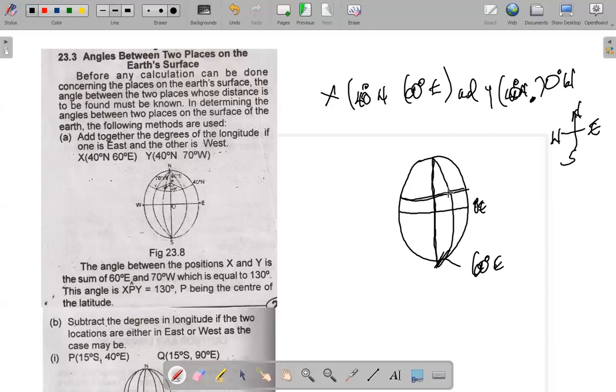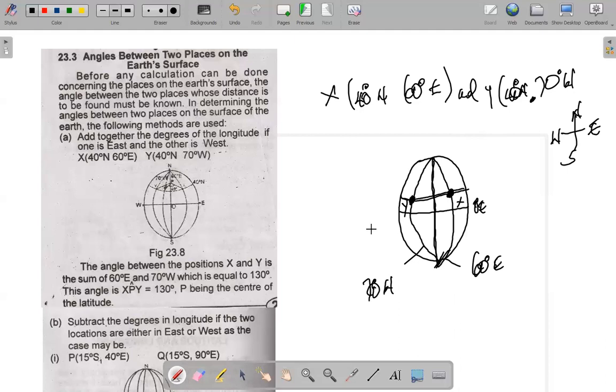Where the latitude and the longitude meet, that is point X. Then Y is on latitude 40° north, while longitude 70° west. So we draw 70° west on the left hand side. That's 70° west. Where the latitude and the longitude meet is point Y.